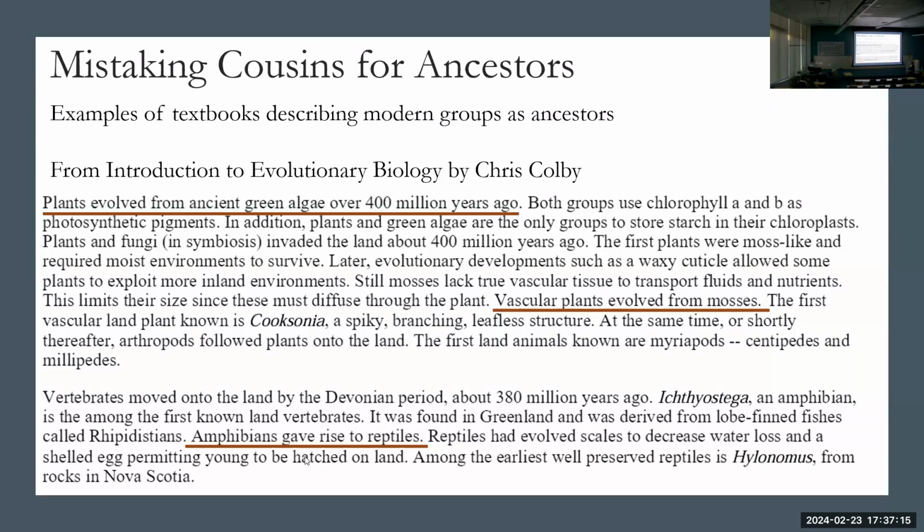Okay, so a question: what would you suggest to your students, for that sentence on the bottom, amphibians gave rise to reptiles? What would be your best suggestion for how to phrase that? Well, I would say an amphibian-like animal, or how would you choose? I guess I wouldn't say that because it's close to what's already kind of a mistake. So I would say the ancestor to modern amphibians, reptiles, and mammals.